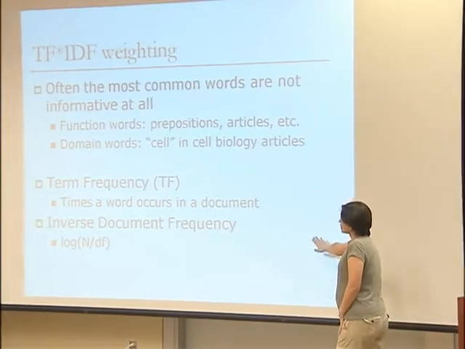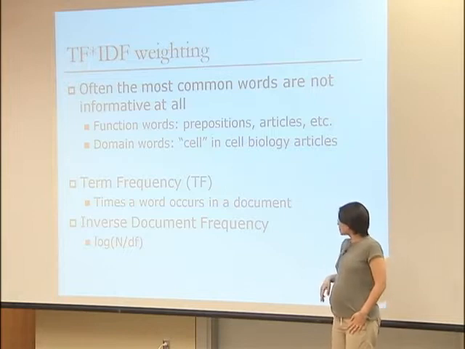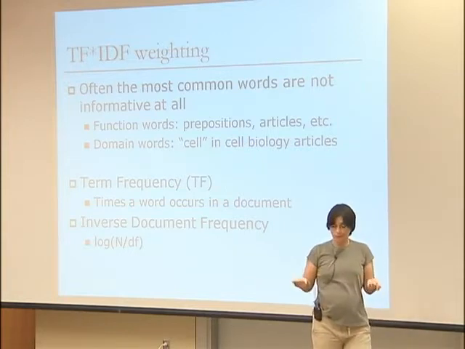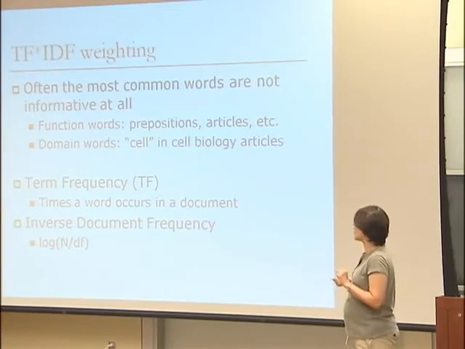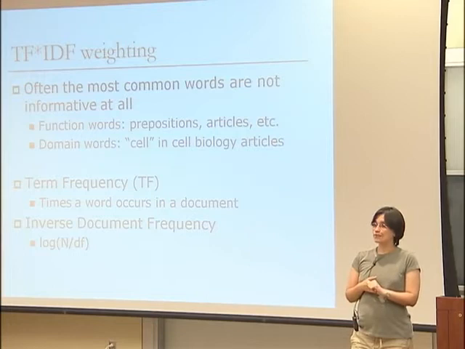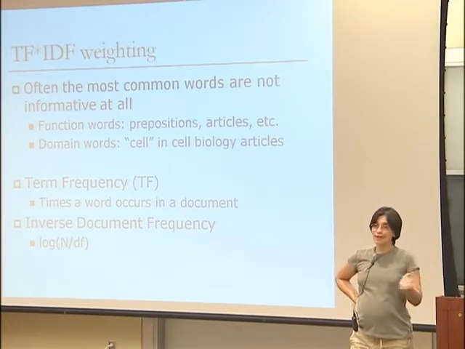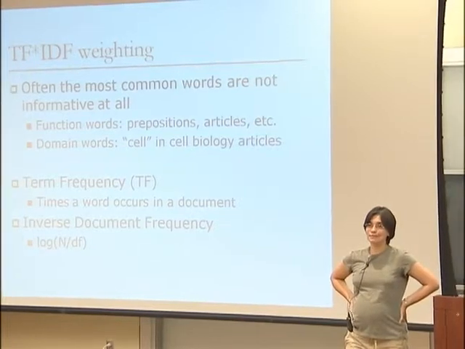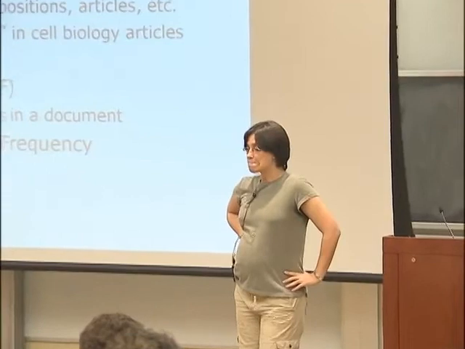Well, here's where information retrieval people came with this inverse document frequency weight that you could put to a word. So what is the inverse document frequency? Imagine you look at your entire collection. So look at the proceedings for 10 years of the Association for Computational Linguistics meetings, right?